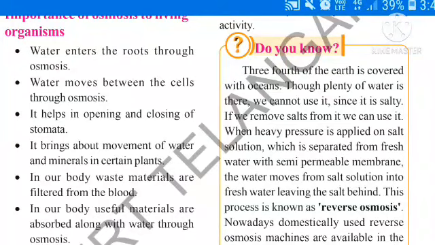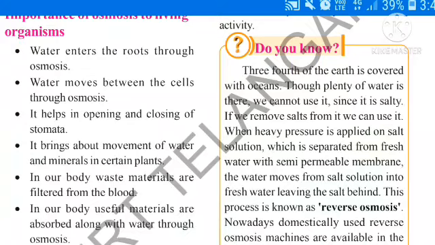Do you know, children? Osmosis can be classified into two types: endosmosis and exosmosis. Endosmosis means the process in which water molecules enter the cell.